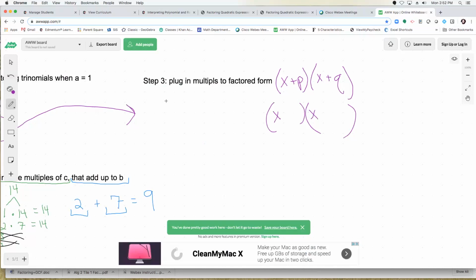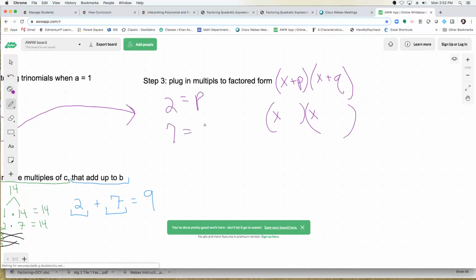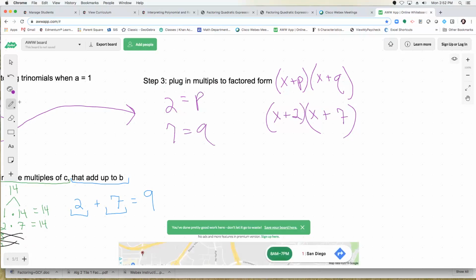We're plugging in a 2 and a 7. 2 could be p and 7 could be q. And that is it. That is your answer. We have factored the trinomial.